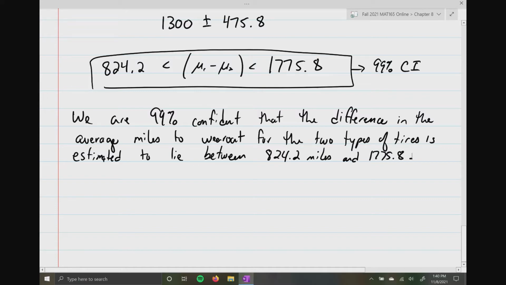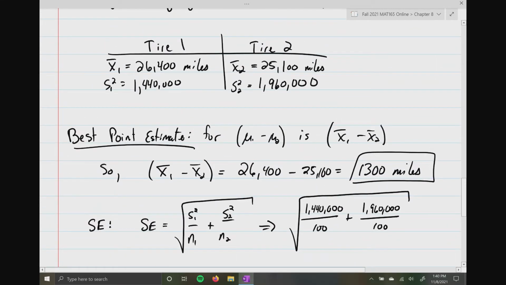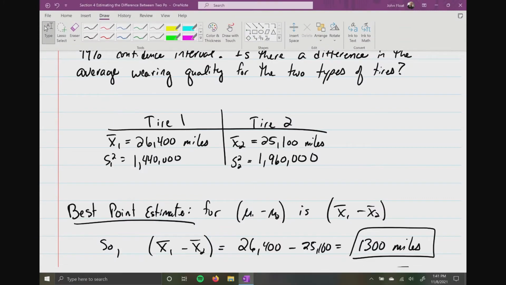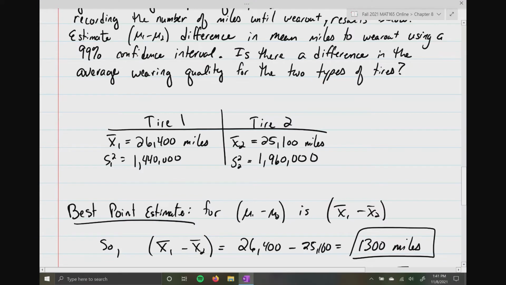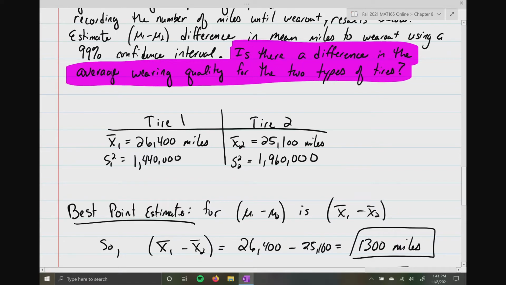Now, that's our interval, but we need to answer the second question. So if you forgot what the second question is, I'm going to scroll up and I'll highlight it here for us. And here's our second question right here. Is there a difference in the average wearing quality for the two types of tires?